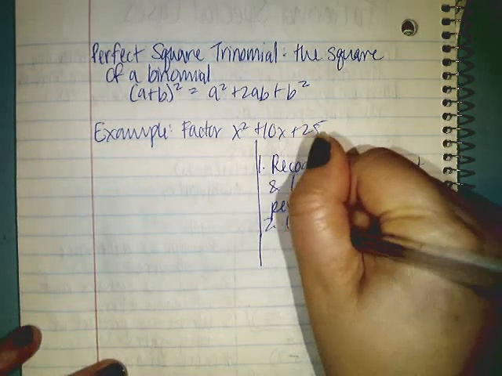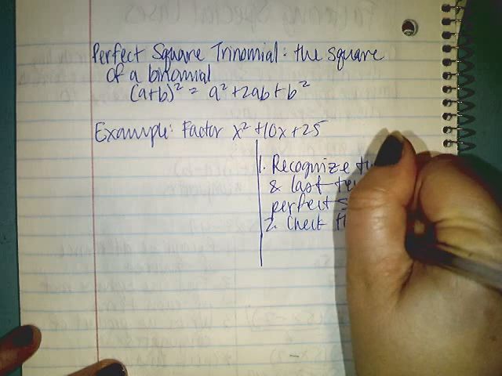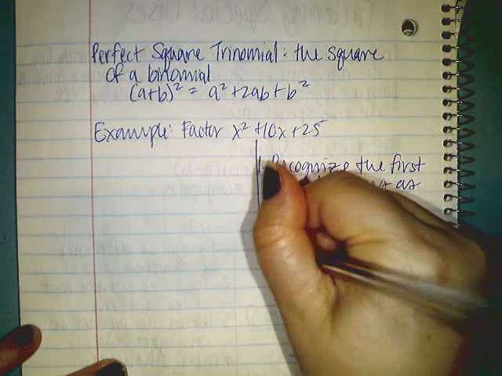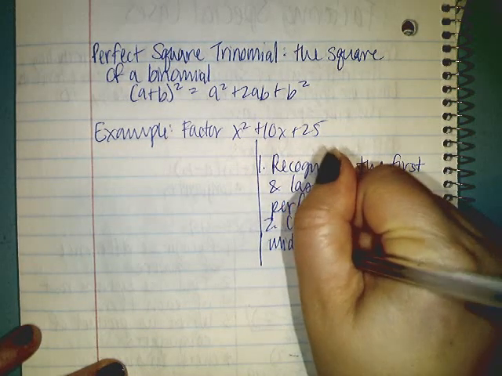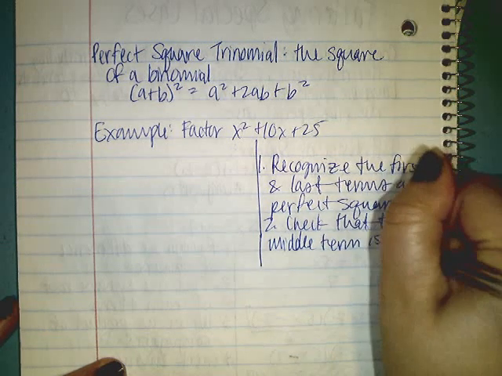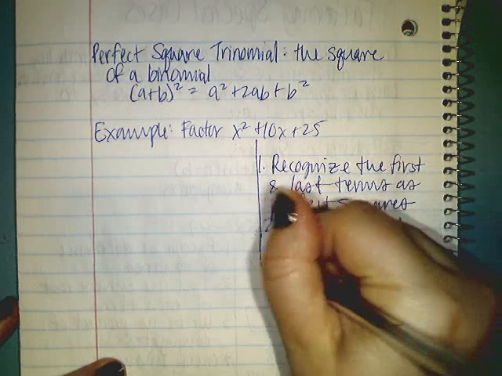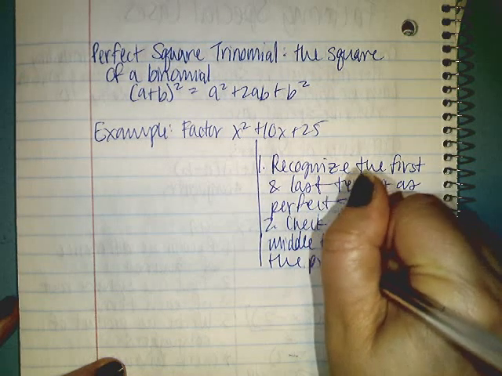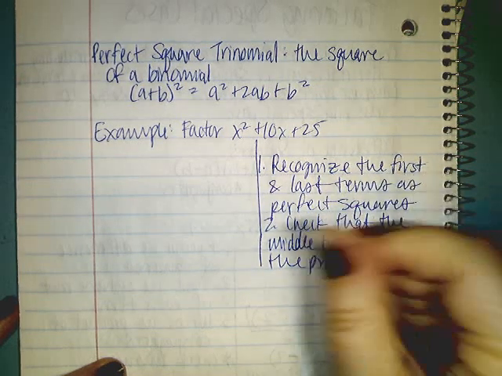So then you're going to check that the middle term, b, is twice the product of the square roots.